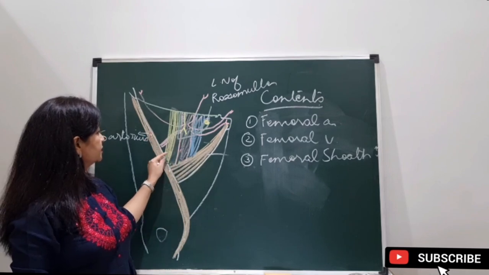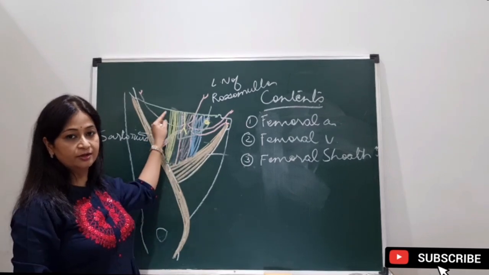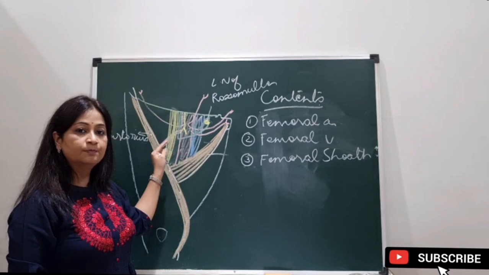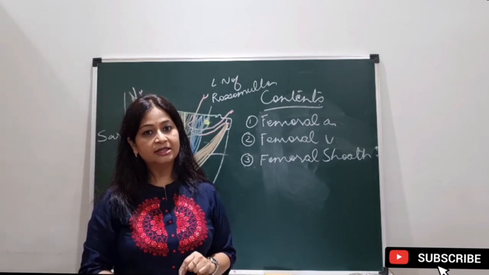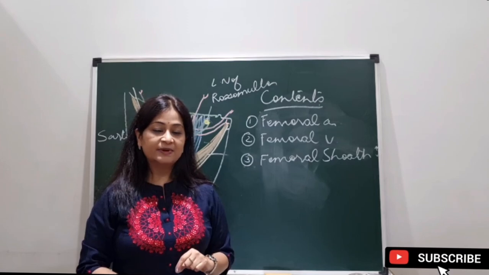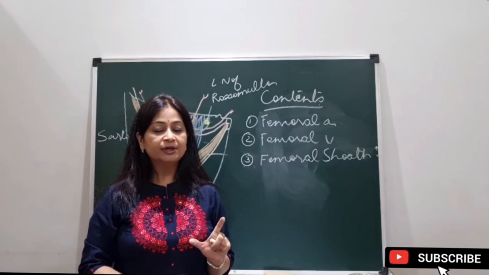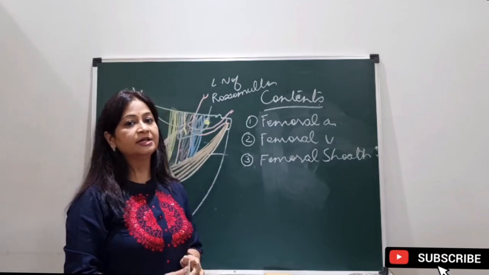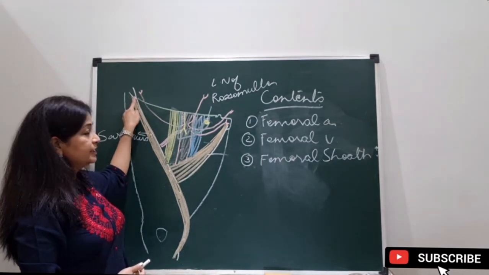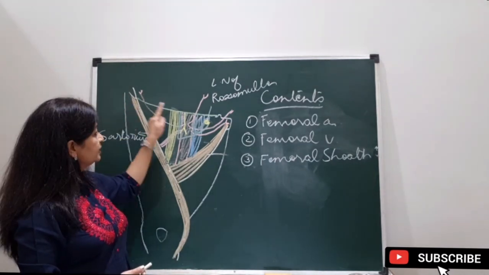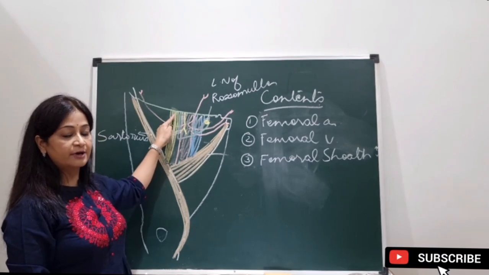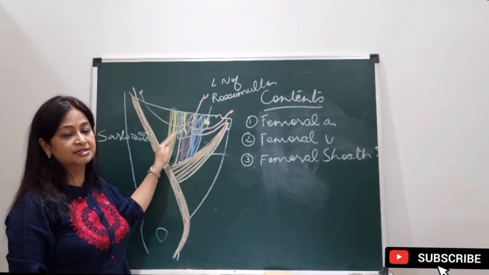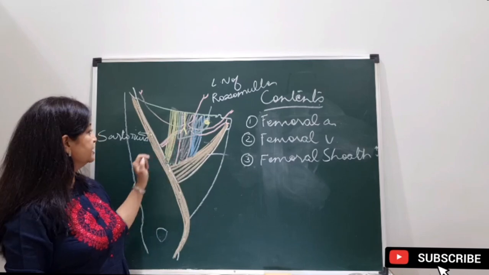Now the femoral nerve enters below the inguinal ligament from a point which is known as the midpoint of inguinal ligament, which is basically exactly the midpoint of the inguinal ligament between the anterior superior iliac spine and the pubic tubercle. So this is the location where the femoral nerve enters the femoral triangle, right?